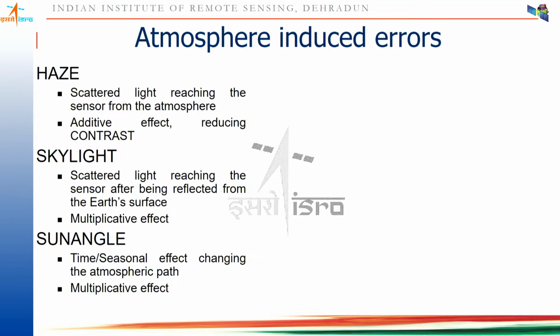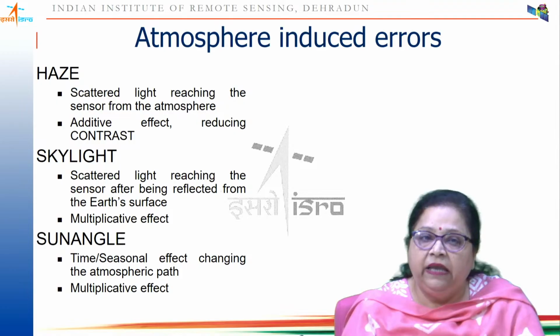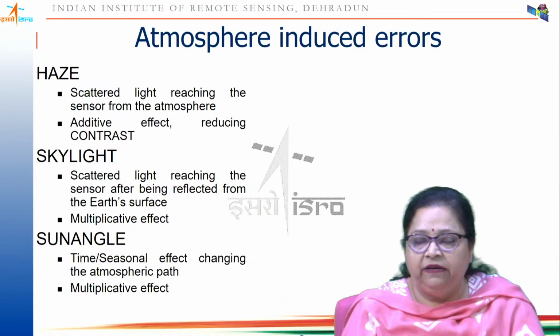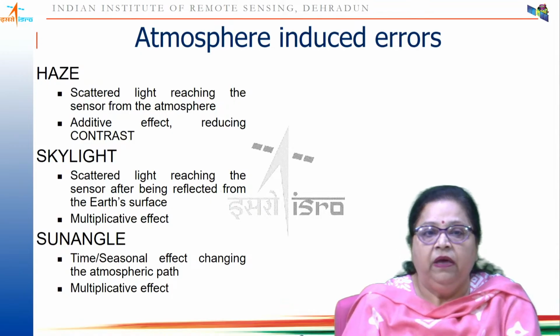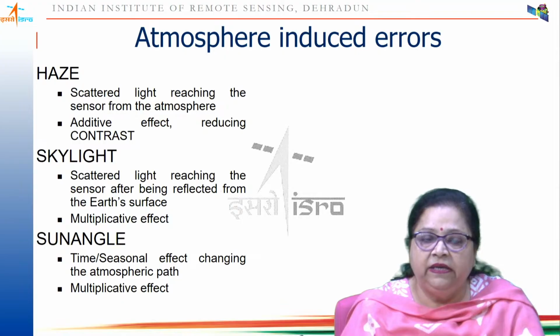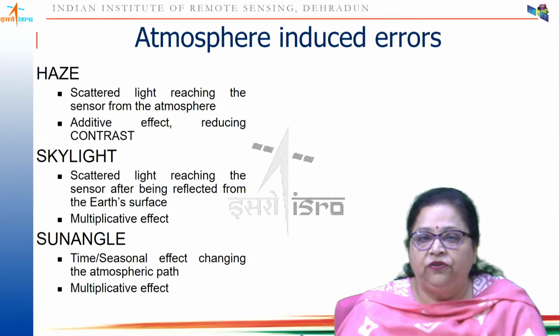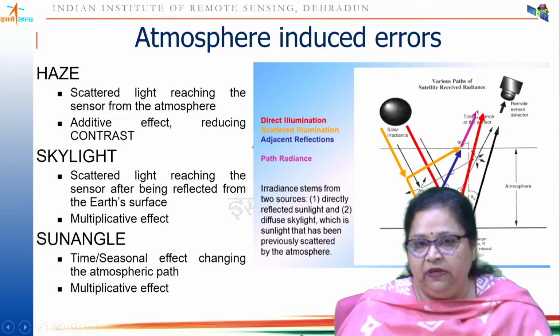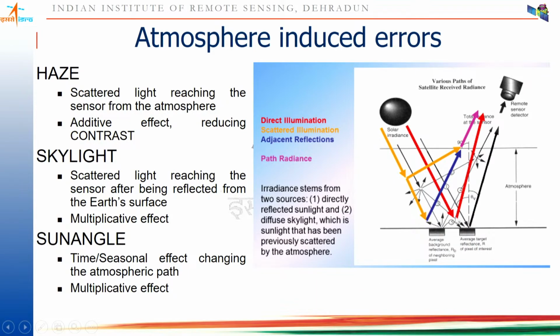Then the third type of errors introduced in satellite images are atmospheric errors. Three major atmospheric errors are discussed here. The first is haze. Haze is the scattered light which reaches the sensor from the atmosphere. Suppose this is my sensor which is recording the DN values, this is the sun and the energy, and this is the pixel for which we are supposed to record the reflectance value.